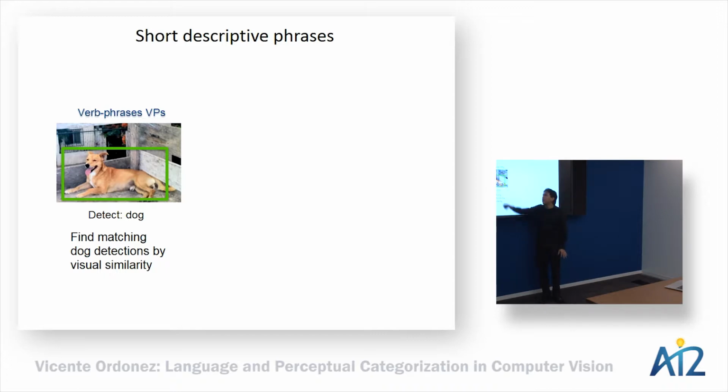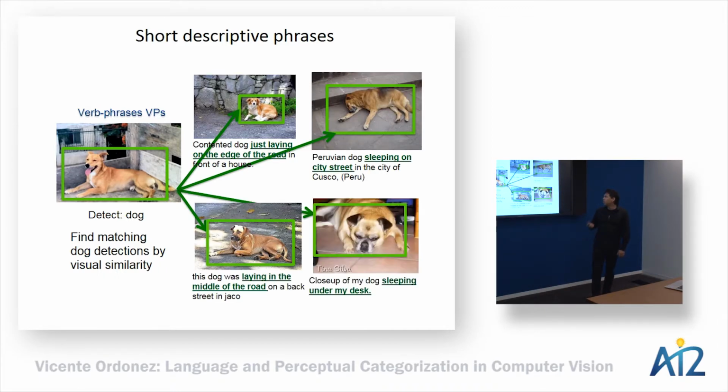Imagine we have this query object here, and we retrieve the most similar dogs in our data set, with their descriptions. Instead of transferring the whole description, we can transfer just some part. In this case, we're transferring verb phrases, things like laying in the middle of the road, or sleeping under my desk, or sleeping on city street, or laying on the edge of the road.